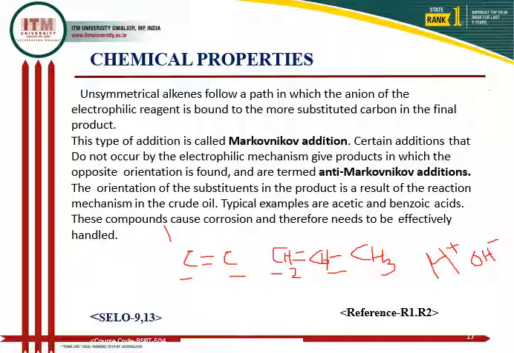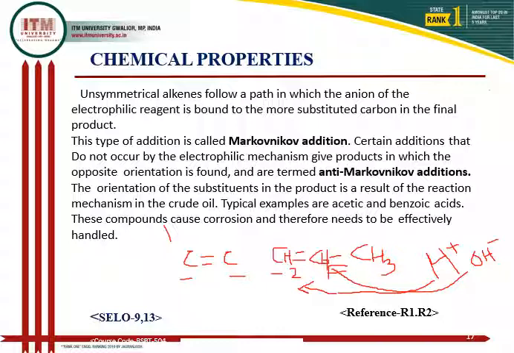So you have to see the number of hydrogen atoms. The number of hydrogen atoms is higher at this carbon, so hydrogen will add to this carbon, giving the major product. And the OH ion will add to the carbon with fewer hydrogens, that is this side.